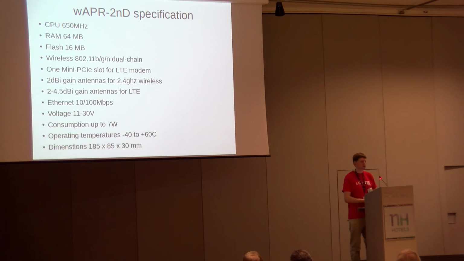Gain for those built-in antennas varies, so it is from 2 to 4.5 dBi for LTE. And it has 100 megabit Ethernet connection. Power consumption with the LTE is up to 7 watts. And here are the operating temperatures, from minus 40 to plus 60.